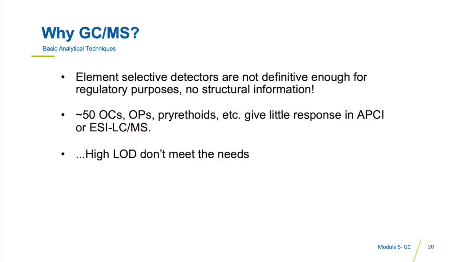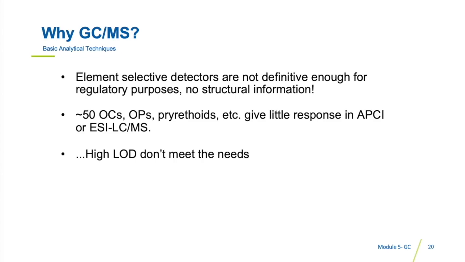Gas chromatography has a solid place in the food safety laboratory for a number of reasons. While the absence of structural information limits the confirmation capabilities with older detectors to just matching retention times with multiple columns, mass spectrometry really bridges this gap.